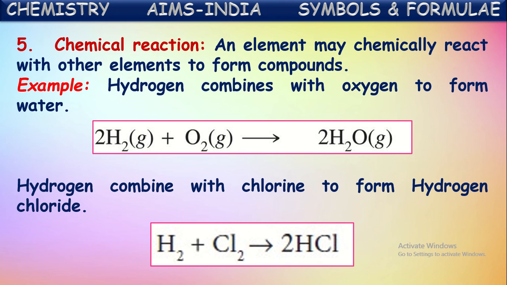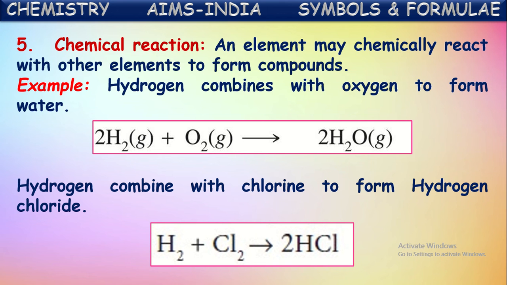What is the first letter of the carbon element name? C. So C is the symbol for carbon. Now if you see calcium, for calcium also the first letter is C only. But C is already given as the symbol for carbon. That's why for calcium, along with the first letter C, the second prominent letter A is also taken into its symbol. Now the symbol of calcium became Ca.